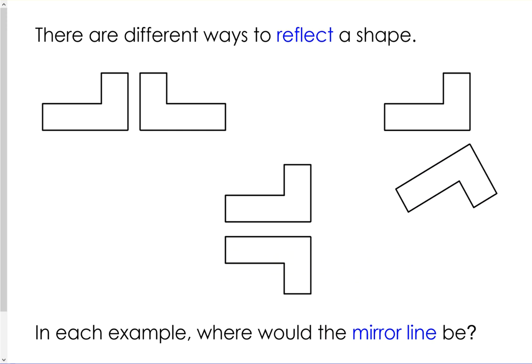Consider these 3 sets of images. Point to the screen with your finger to show where the mirror would be to give the reflection. Consider these 2 shapes first.